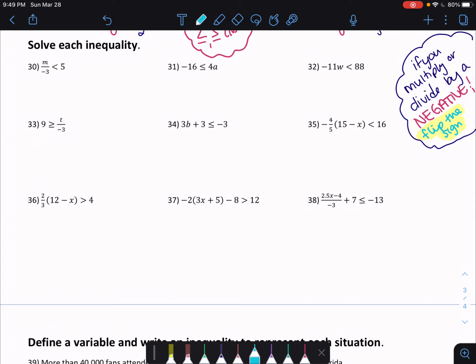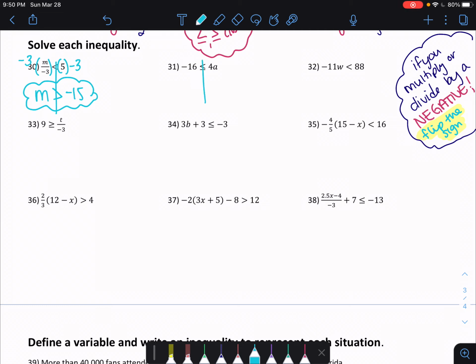So I'm going to treat these just like equations, but if I multiply or divide by a negative number, I'm going to flip the inequality symbol. So here I'm going to multiply by a -3. When I say that I'm multiplying by a -3, that means that this sign is going to flip, and m is greater than -15.